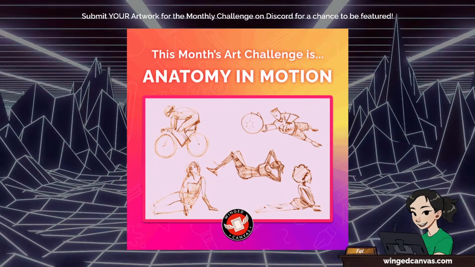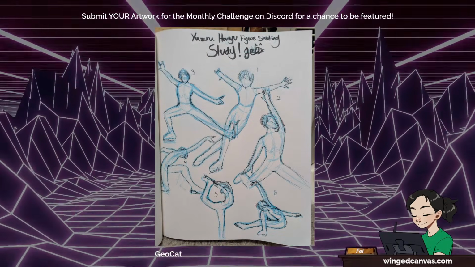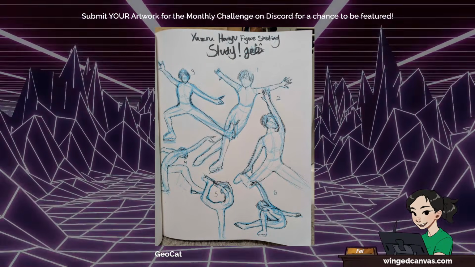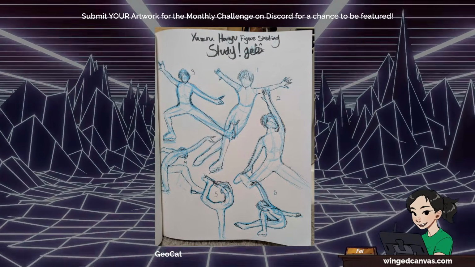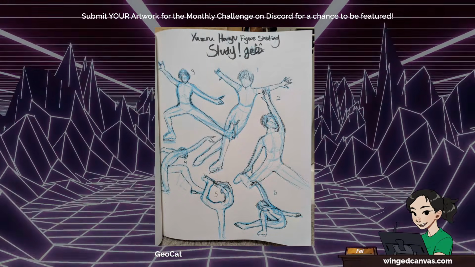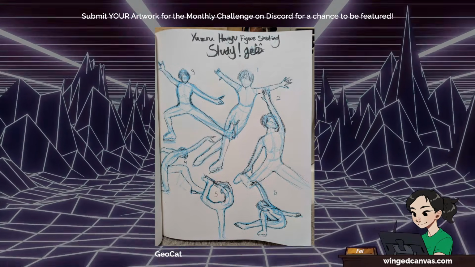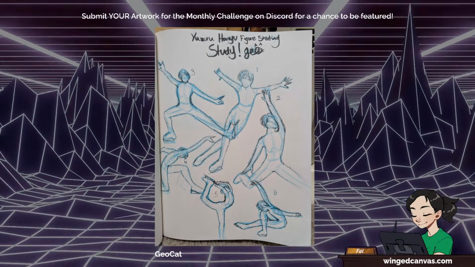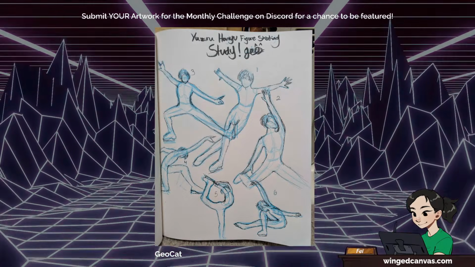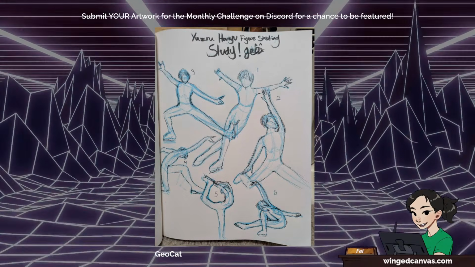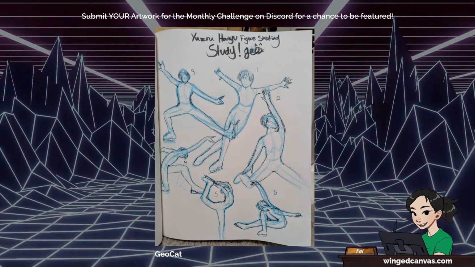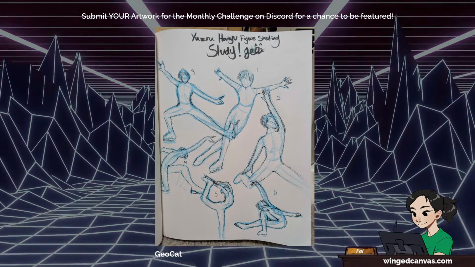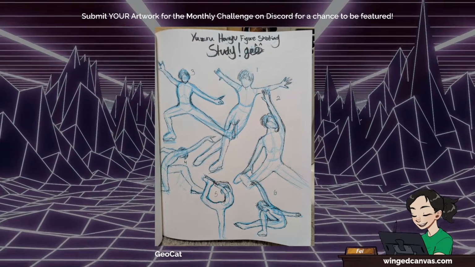All right, so submission number 1 is by GeoCat. I know GeoCat had to go, but GeoCat was saying that she was drawing figure skaters for figure drawing. So this is Yuzuru Hanyu, a Japanese figure skater. And I actually completely agree. Figure skaters are really, really great for figure drawing because not only is figure skating beautiful to watch, you can just pause it, right?